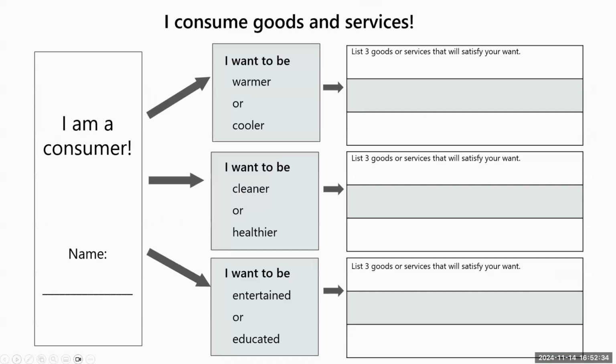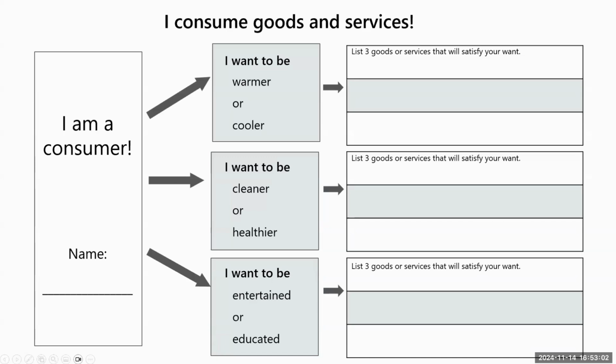So let's see here. As the last part, if you have early finishers or if you want to do an extension or just you want another activity, I've made this little extra, again, based on one that's within the original lesson. So just reinforcing that as a consumer, we consume goods and services. If you want to be warmer or cooler, what are 3 goods or services that would satisfy that want?